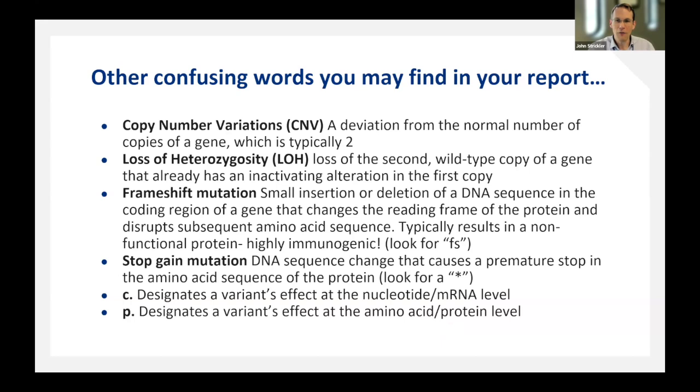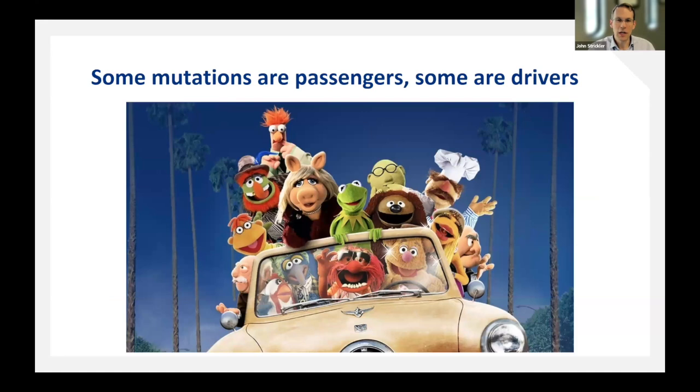Okay, now let's pull out from some of the complicated stuff to a more general message. It's important to know you're going to get a report. We call it next generation sequencing. They're looking at 300, 400, 500, sometimes more genes all at the same time. And you'll see a huge laundry list of mutations. It's important to know that some of these mutations are passengers. They're along for the ride.